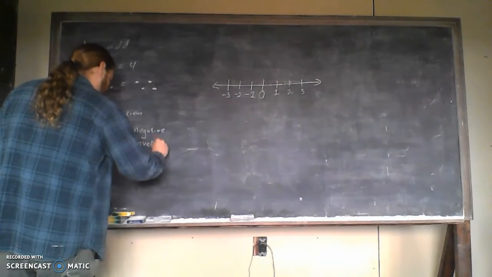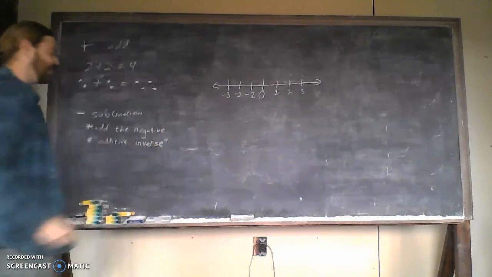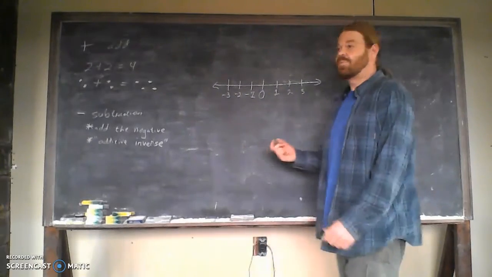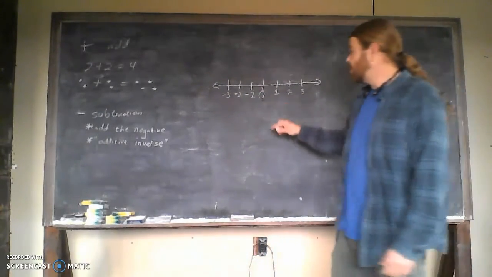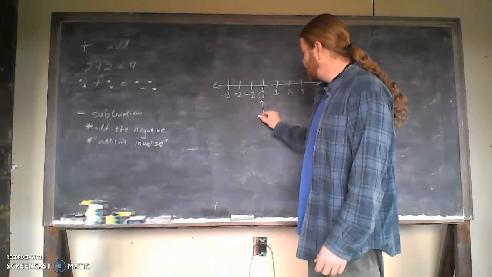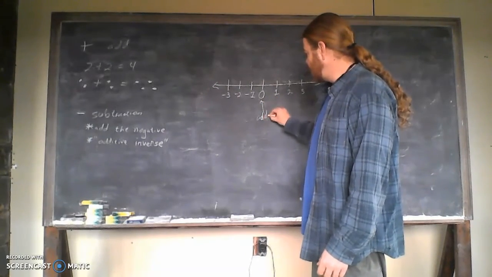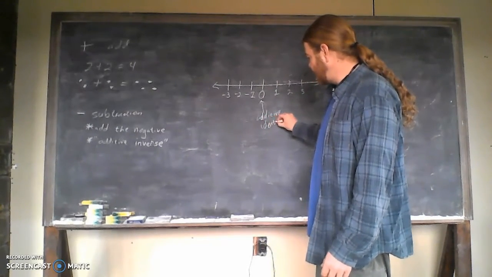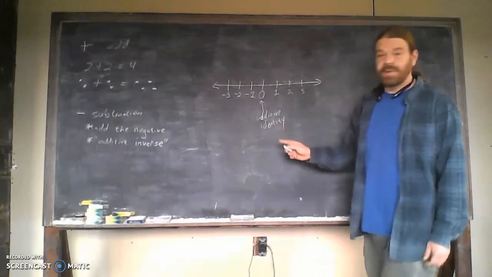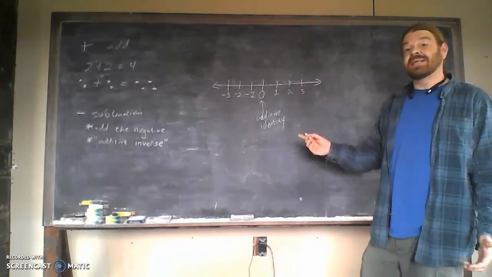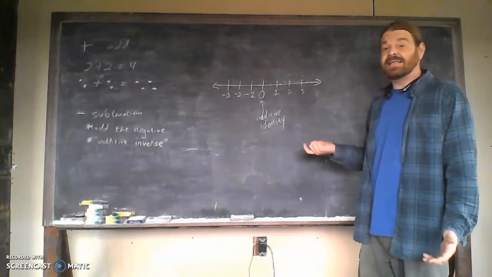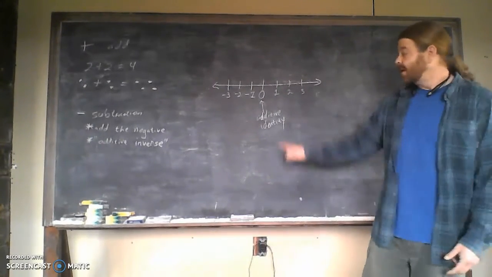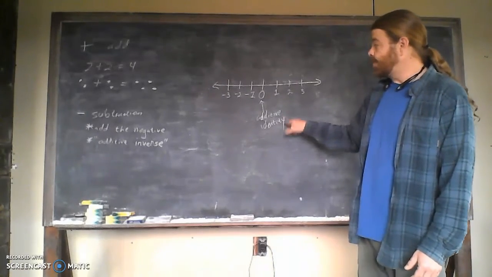I-N-V-E-R-S-E. So additive inverse. This relates to the number 0. Number 0 we're going to call our additive identity. It's an identity. That means it doesn't change anything when we add 0, right? I think most of us are familiar with that. 3 plus 0 is still going to be 3. So it's called an additive identity.